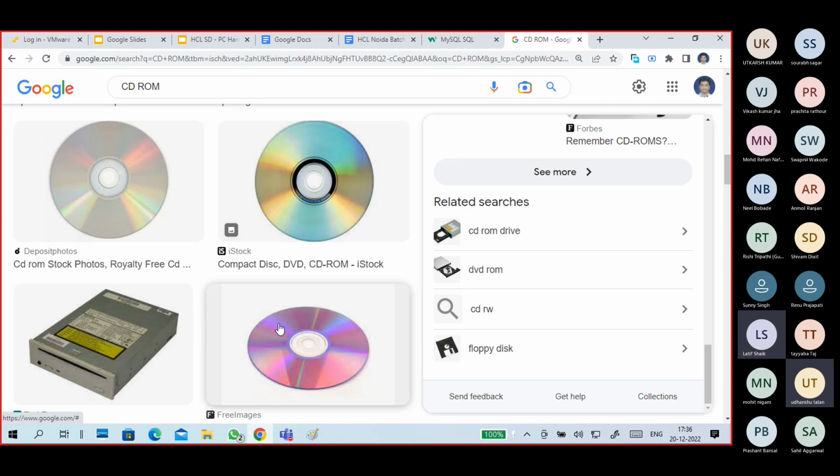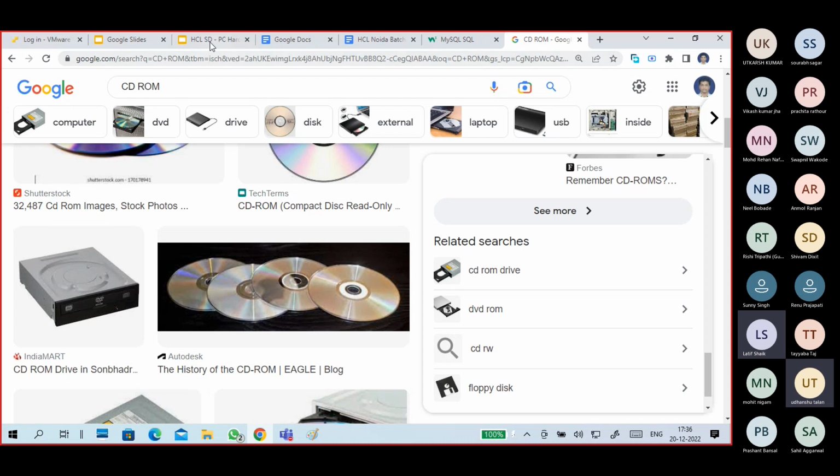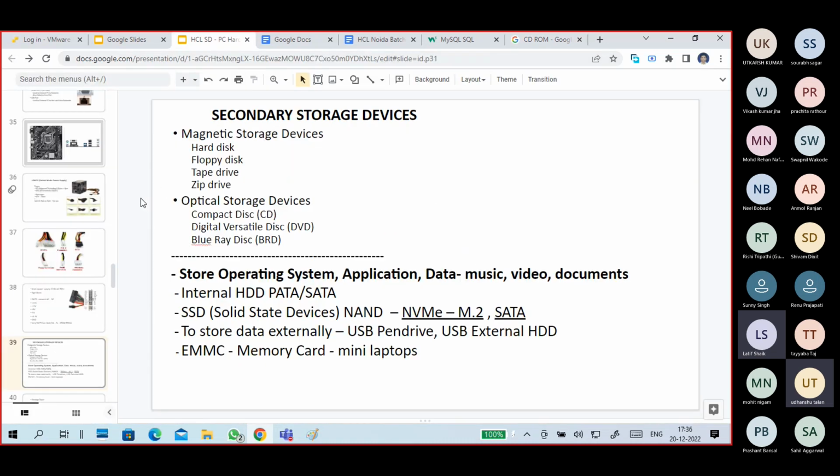Next version is Blu-ray. Blu-ray also stores mass storage. But when Blu-ray came into the market, pen drives and external hard disks had already become popular, and the internet had become easier.